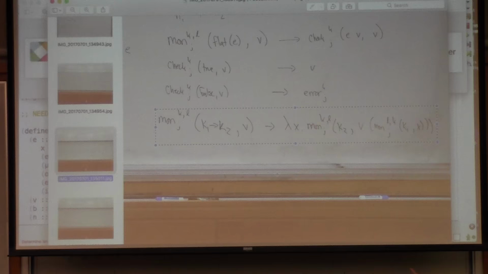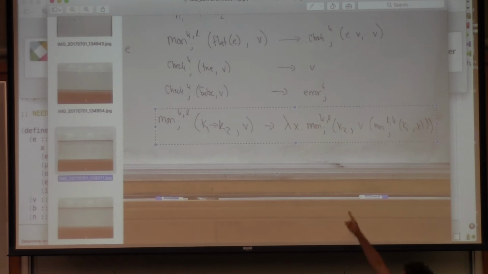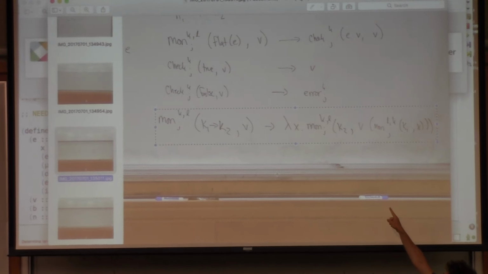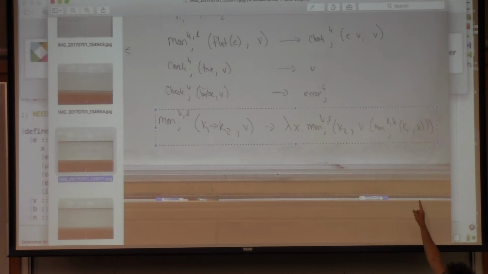When you're monitoring a function contract against a value, you delay the checking of that contract by doing a form of eta expansion. So it turns into a function that will monitor the output of applying the function with K2 after you apply V to the monitored input with K1.